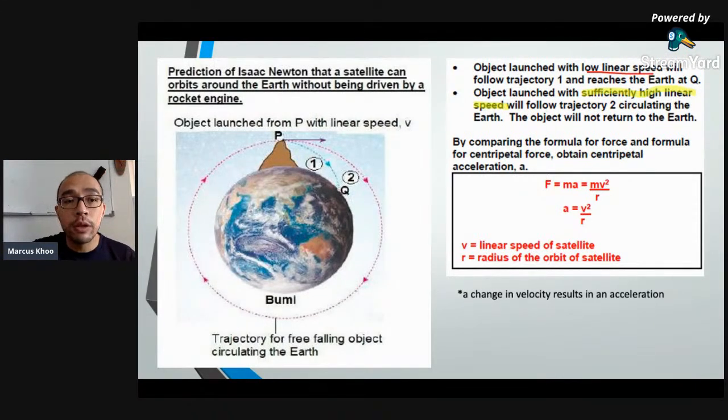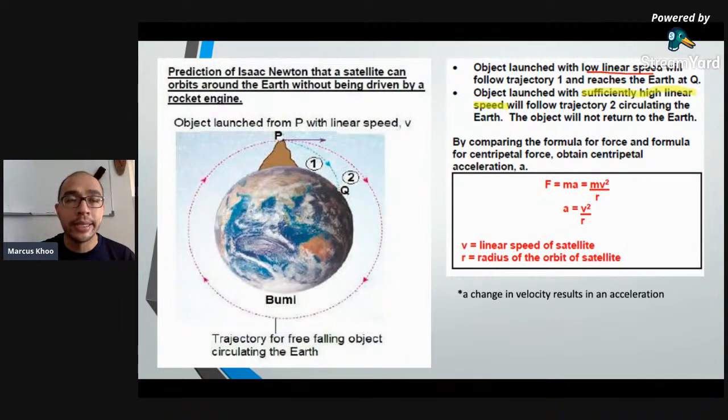But if you launch it at a sufficiently high linear speed, that means the speed of launching must be high enough, then it will follow this second trajectory and continue to circle the Earth. It won't return to the Earth. So the question is, how much is the speed that is required? The first case is a fail scenario: you launch a satellite, but it falls back to the Earth.